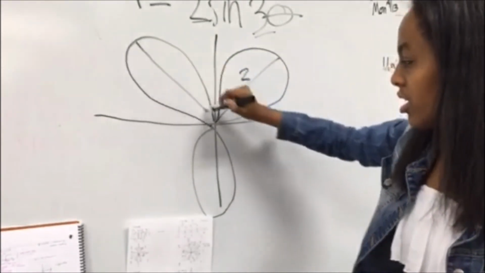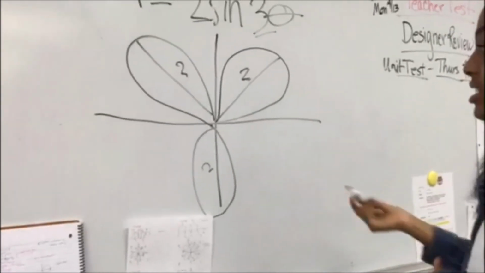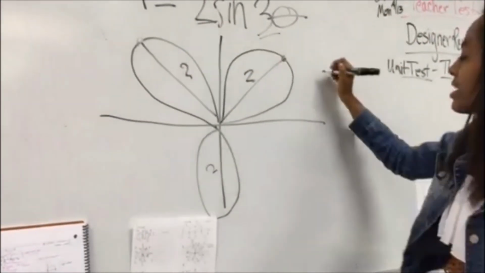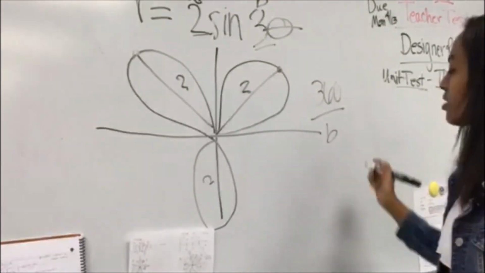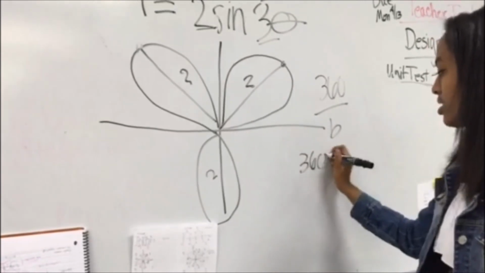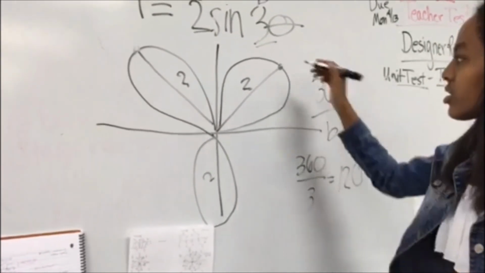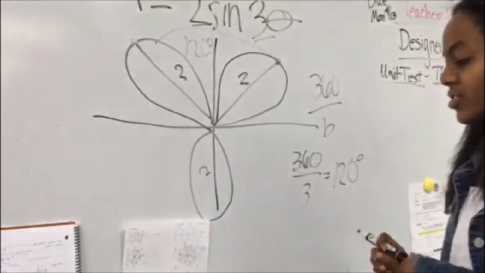What's good to know when you're graphing your sines is the distance between each petal. You can find that out by getting 360 divided by B. So since you have 3 petals, it's 360 divided by 3, so each petal is 120 degrees apart. So the distance between here and here is 120 degrees. So that's how you graph.